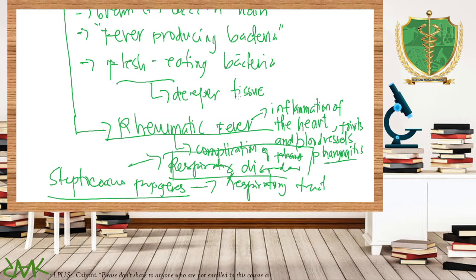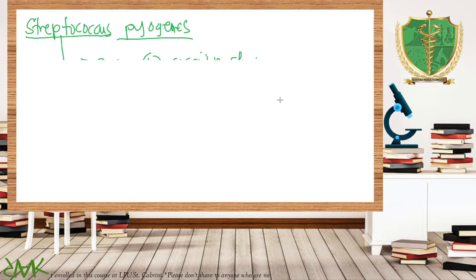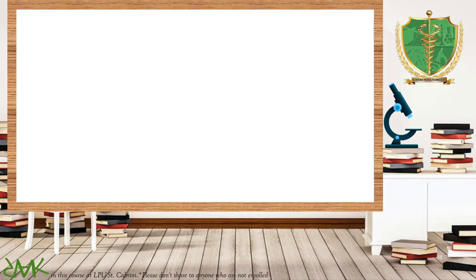But how come that this microorganism causes glomerulonephritis? From the word itself, post-streptococcal glomerulonephritis, which means there is an exposure to a chemical toxin, particularly the M protein on the cell wall of our Streptococcus pyogenes, that causes immune responses, immune complexes that deposit on our glomerulus, which causes damage.